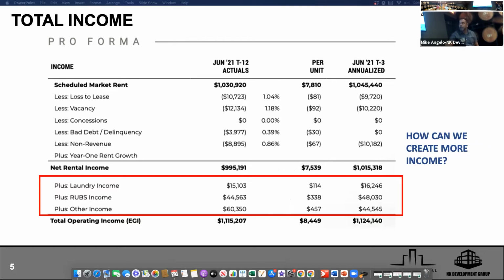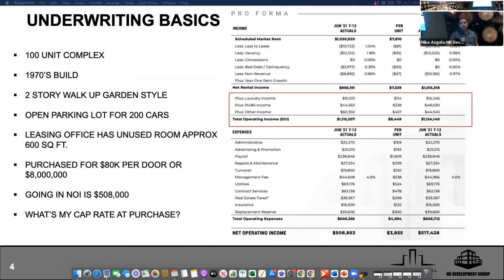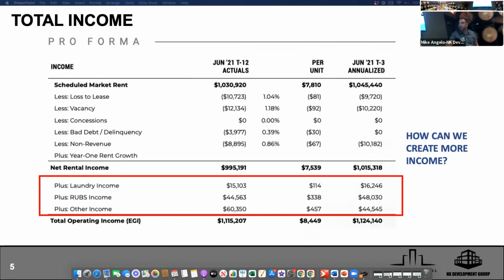So did you guys figure out the 6.3 is the cap rate? Cool. So let's say we have room to grow. Maybe instead of $28, can we get $50? So what's the difference there? $22.